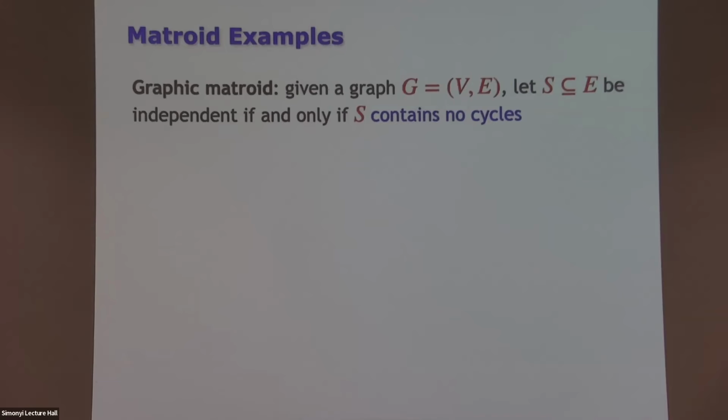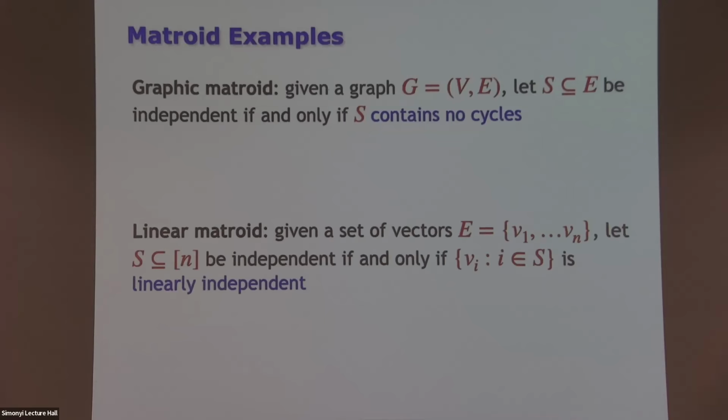For some subset S of the edges, we say that S is independent if and only if S contains no cycles. I won't prove to you that this is a matroid, but if you define the independent sets exactly in this manner, it will yield a matroid. This is called the graphic matroid.